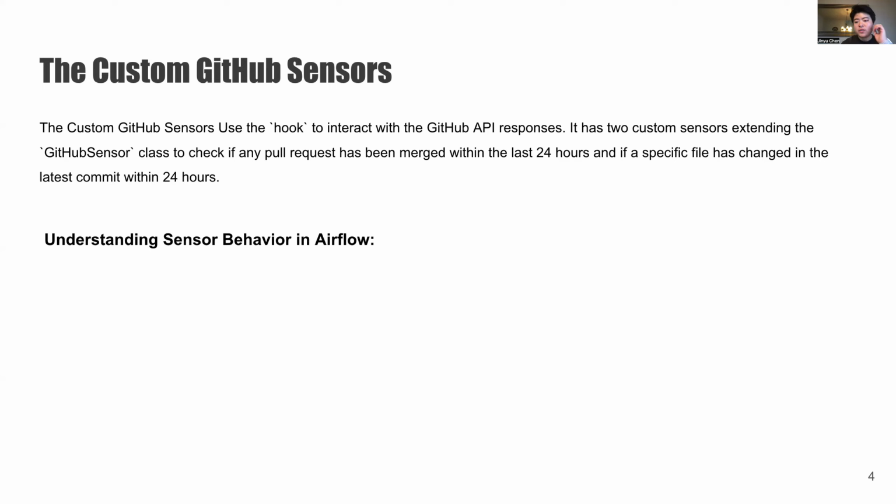It has two custom sensors extending the GitHub sensor class to check if any pull request has been merged within the last 24 hours and if a specific file has been changed in the last commit within 24 hours. The 24 hours is the default time frame, but you can adjust it by changing the delta time and delta time type variables when you initialize the custom sensor class object.